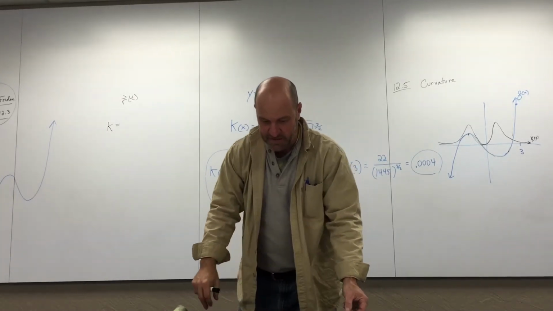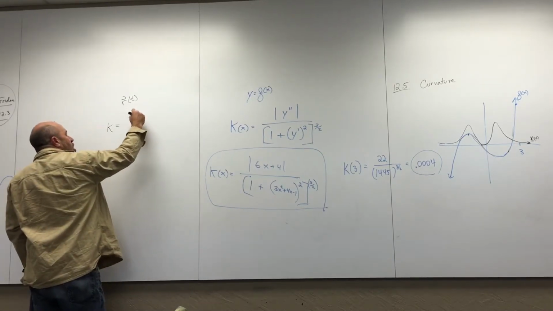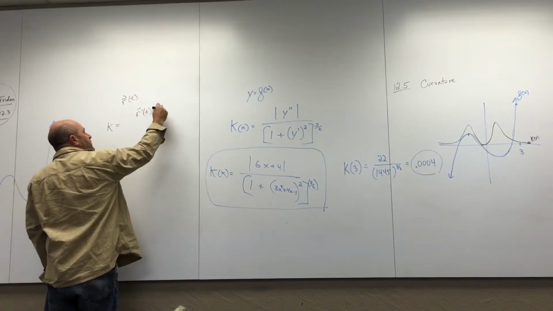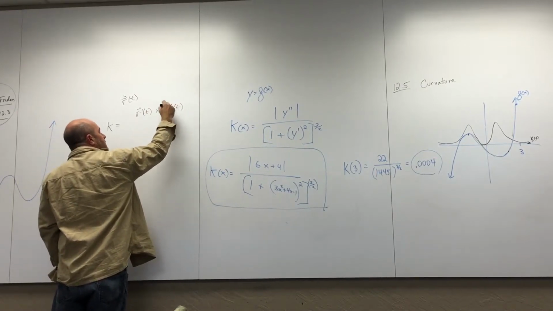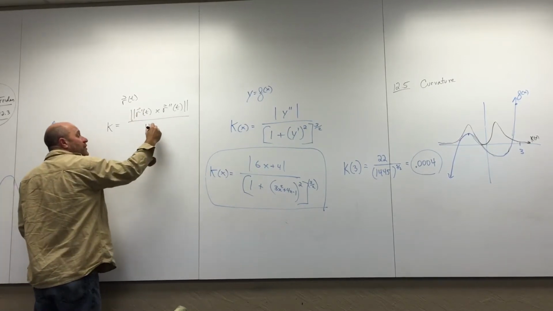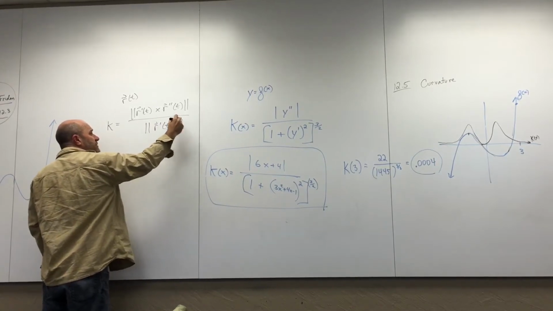Check this out. It's the magnitude of r prime of t cross product r double prime of t, divided by the magnitude of r prime of t cubed.